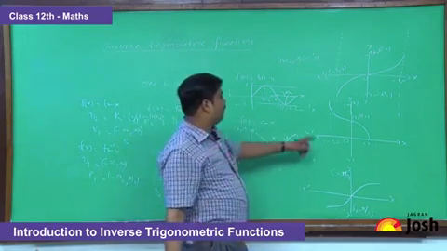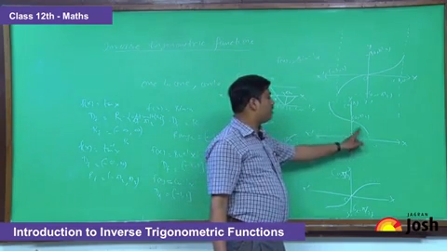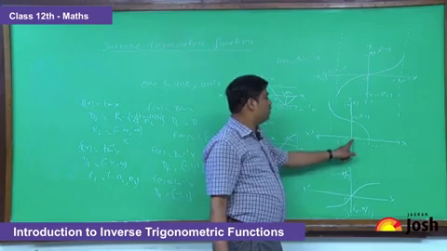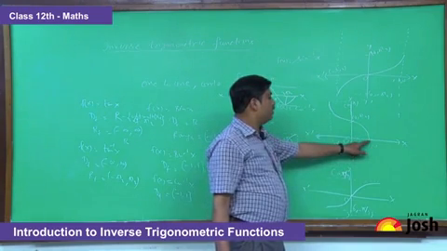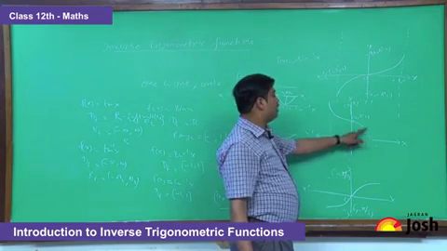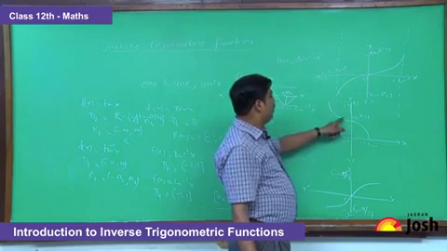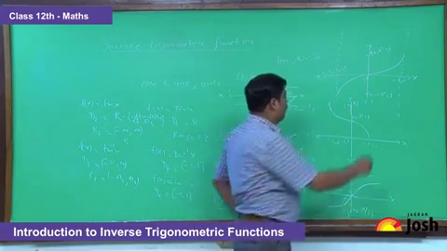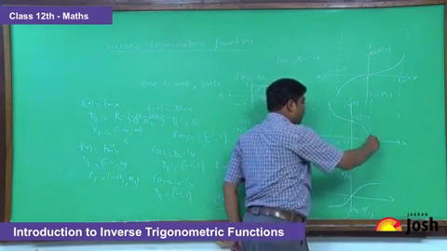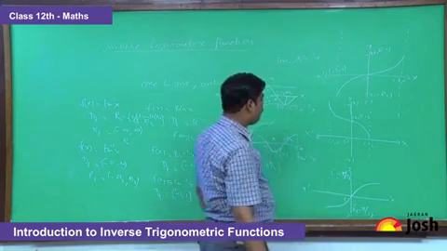If we draw the graph for cos inverse x, its graph will be somewhat like this. At x equal to 1, it is 0. At x equal to 0, it is π/2. And similarly, as in the case of sin inverse x, the graph lies between -1 to 1.